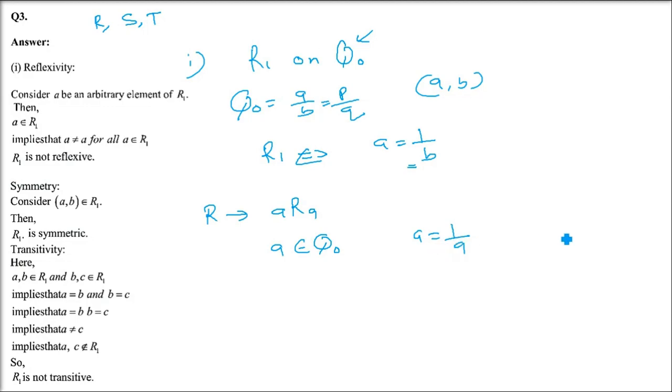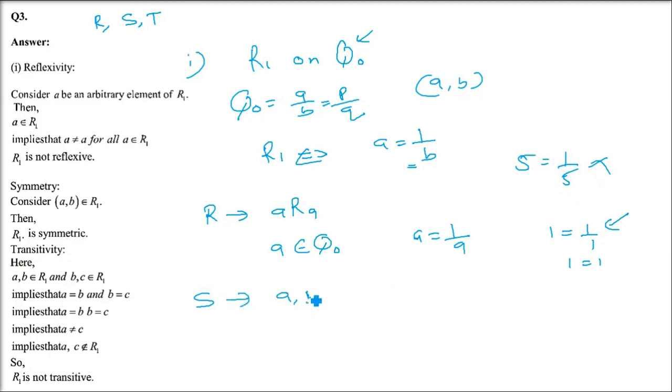No. Even if you take 1, 1 equals 1 by 1 is okay, but I'm just giving you a case where the possibility is seen. The broader case, A equals 1 by A, will never hold. So it is not reflexive, because 5 equals 1 by 5 is not possible at all. If you take a proper P by Q, it will not hold.